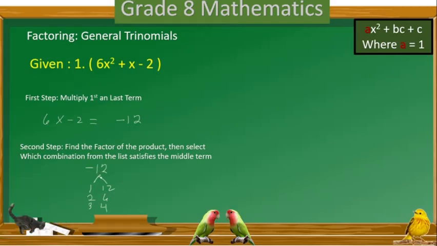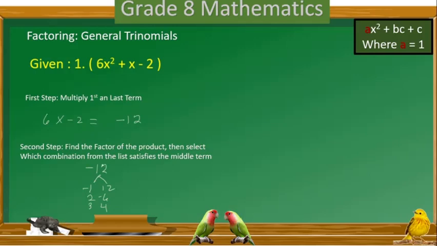If I'm going to multiply these, this is positive 12, but we need negative 12, so one of these is negative. If we multiply 2 and 6, that is positive 12, so we make one of them negative to get negative 12. For 3 times 4, that is 12.